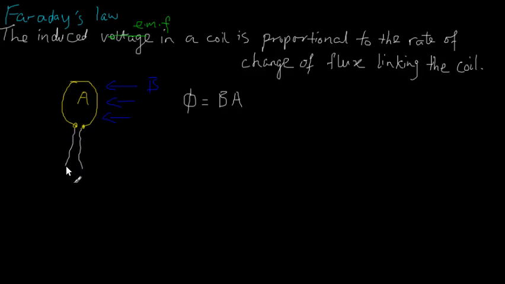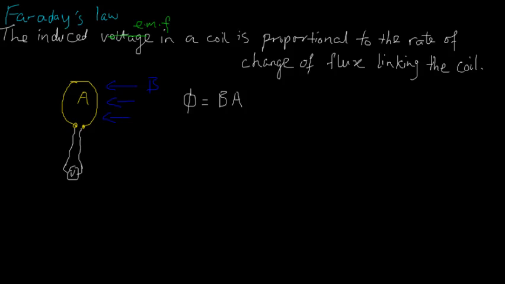So suppose I measure it with a voltmeter. Now, suppose that the magnetic field strength is allowed to decrease uniformly.